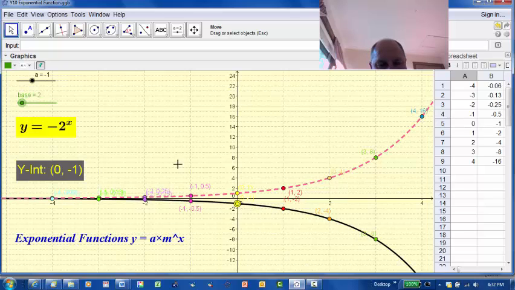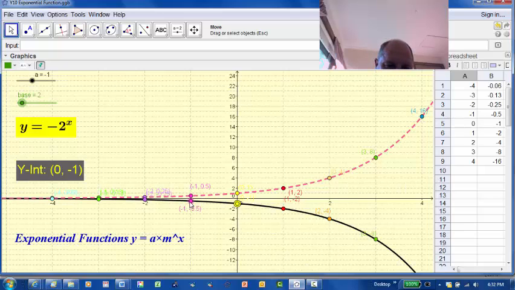The black graph is -2 to the power x. And the original point 1, 2 here now becomes 1, -2. This point here 2, 4 becomes the point 2, -4. The point 3, 8 becomes 3, -8. 4, 16 becomes 4, -16. Can't see that, but you can see the table there.